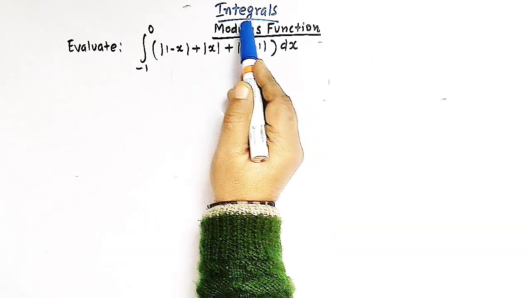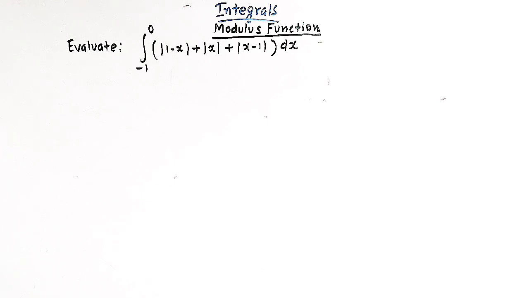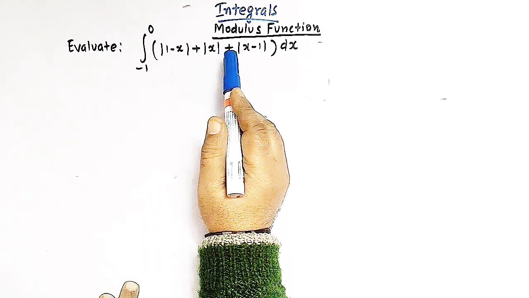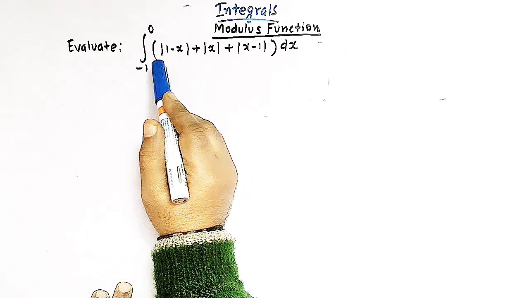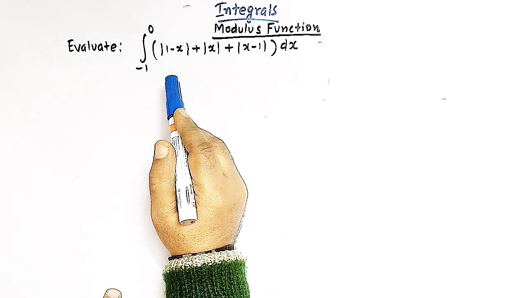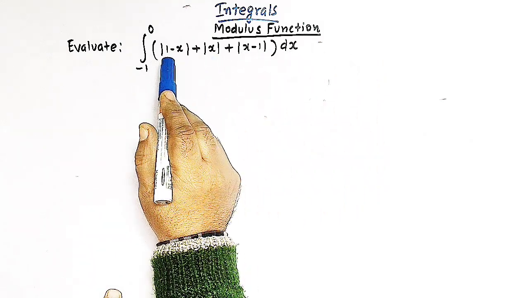So now in order to evaluate this integral, we have to make use of the concept of definition of mod function, right? So here the definition of mod function is going to play an important role in evaluation of this integral, right? So let us first see the definition of mod function, and then we'll apply the definition to this integral, right?